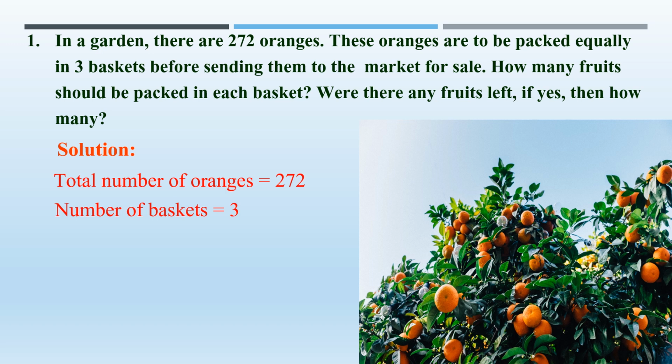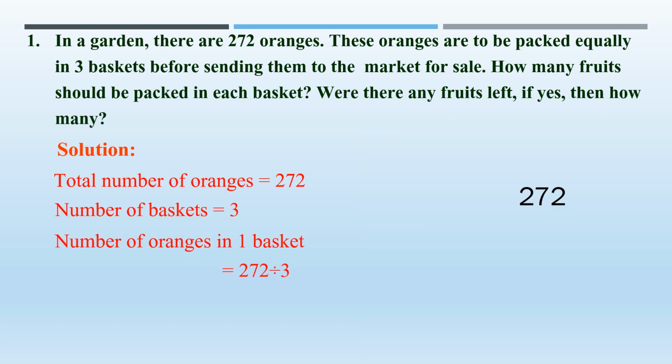So we are asked to find how many oranges are in each basket. So we need to find the number of oranges in one basket. So we already learned that to find for one unit we need to divide. To find for many we need to multiply. So number of oranges in one basket equal to 272 divided by 3. Shall we divide this?